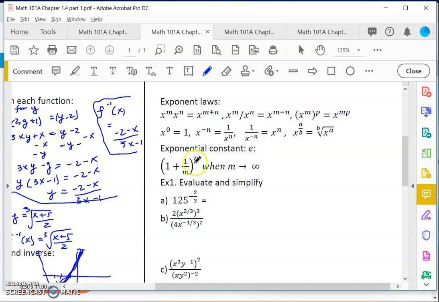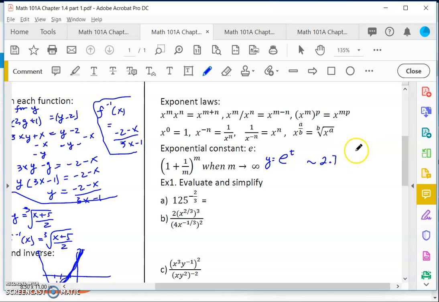So it's called an exponential constant. In your calculator, you'll see e also. And e as a base can be used to model natural change. So we call it the natural exponential constant. If you look at the calculator, e is around 2.7, so it is between 2 and 3.